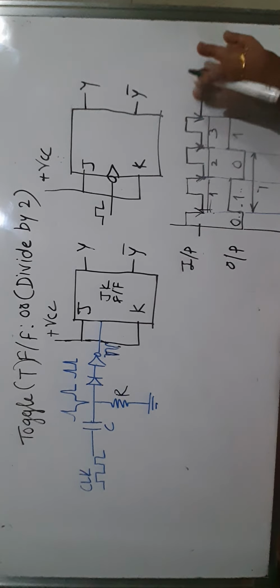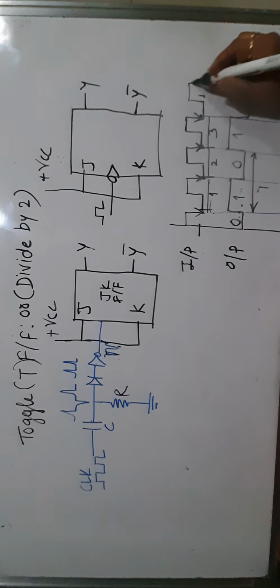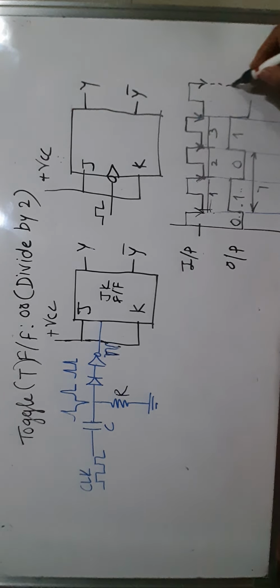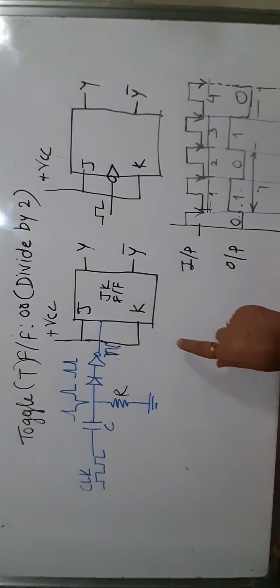If we see the next clock pulse, when the next negative edge is detected, it will change from 1 to 0. So here also for 4 clock pulses we will get 2 clock pulses. So the frequency is divided by 2. That's why we can say this is a divide by 2 flip flop. So we are using the drawback of JK flip flop in the toggle flip flop or T flip flop.